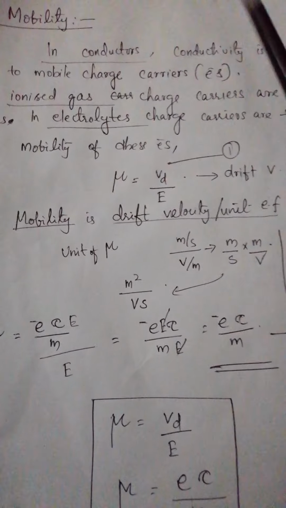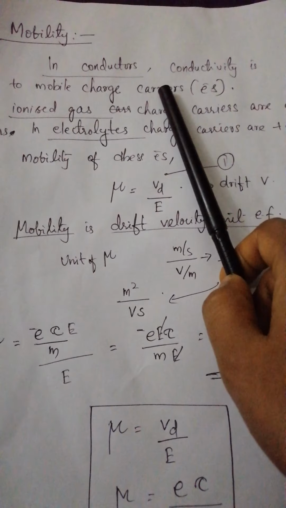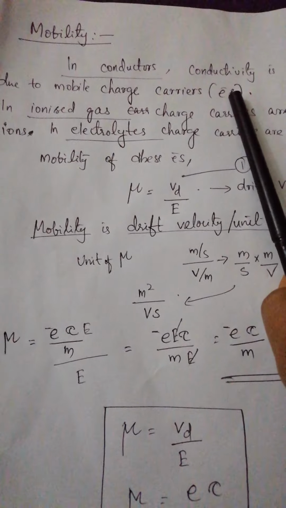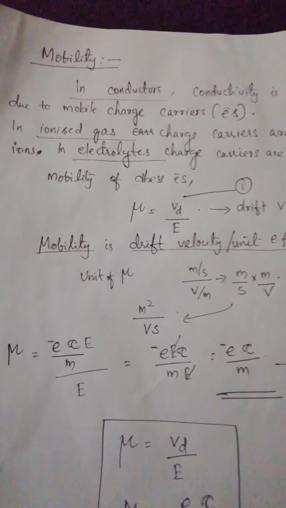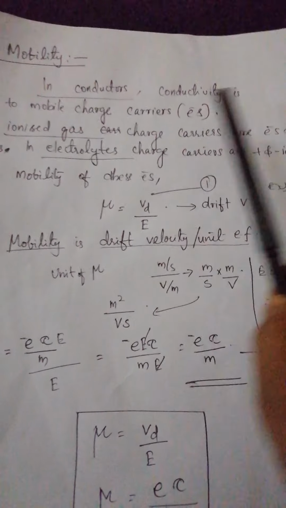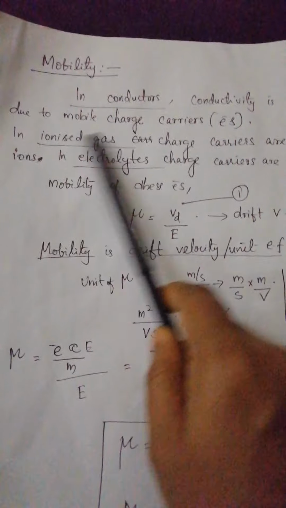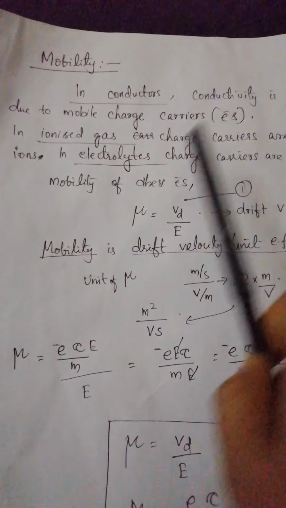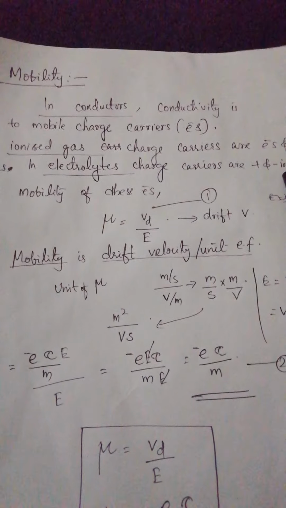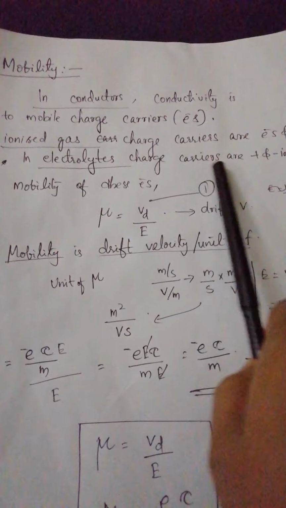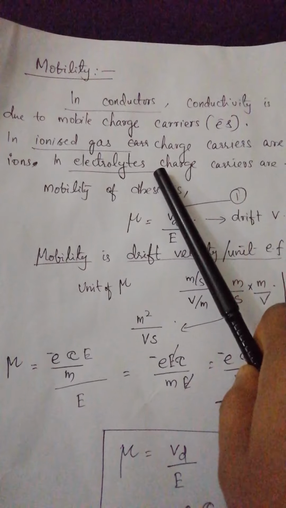In conductors, the mobile charge carriers are electrons. And in ionized gas, charge carriers are electrons and ions. In gas, electrons are there, ions are there, so these are the charge carriers. In electrolytes, positive and negative ions are there, so here the charge carriers are positive and negative ions.